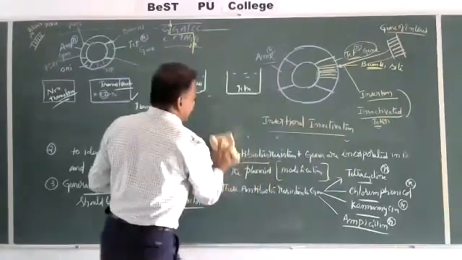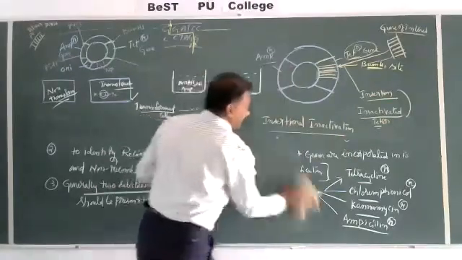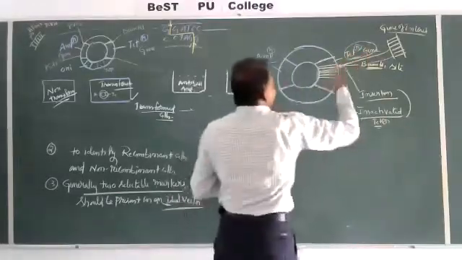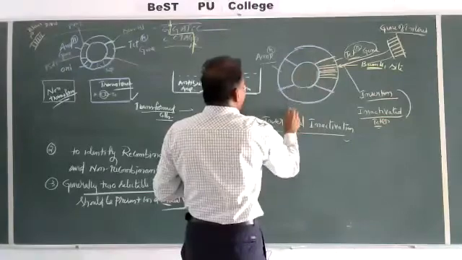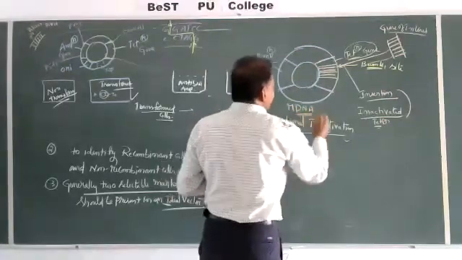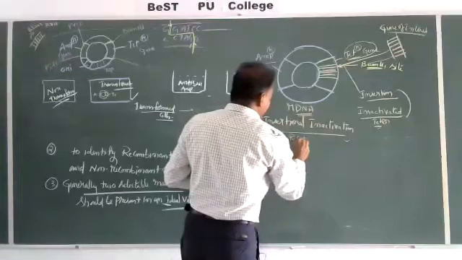By this addition we get what is called recombinant DNA.